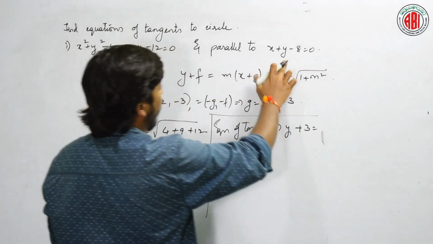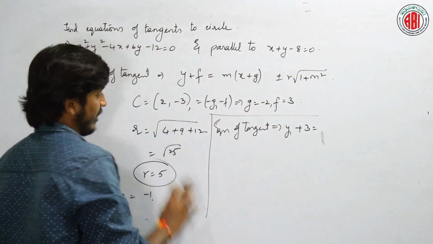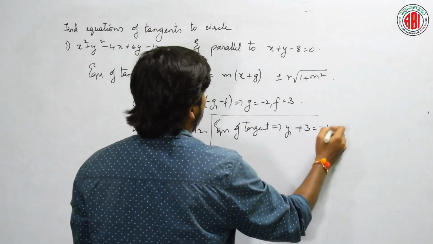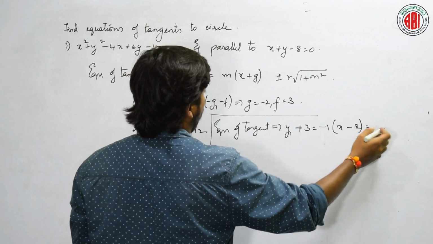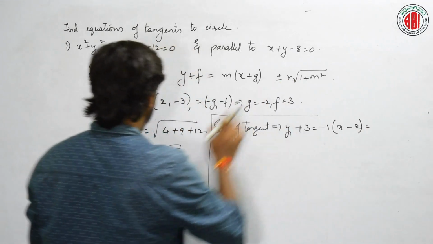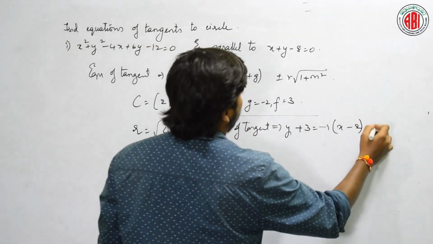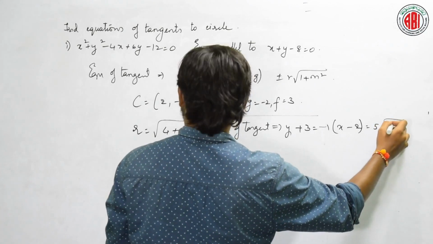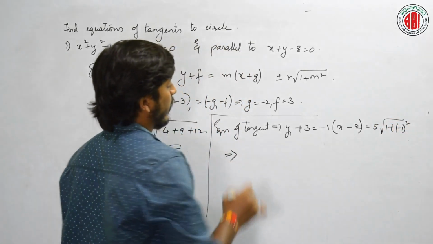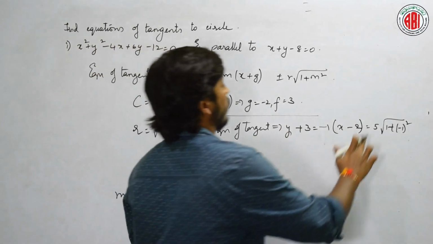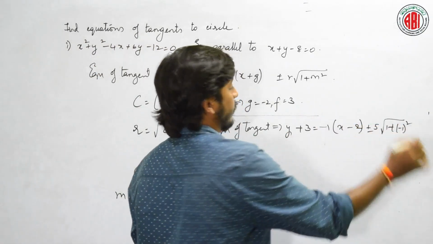Minus x coefficient by y coefficient, that is −1 by 1, which is −1. That is −1 into (x + g) ± r, what is r? 5, into √(1 + m²). Yes or no? Here it is plus or minus.